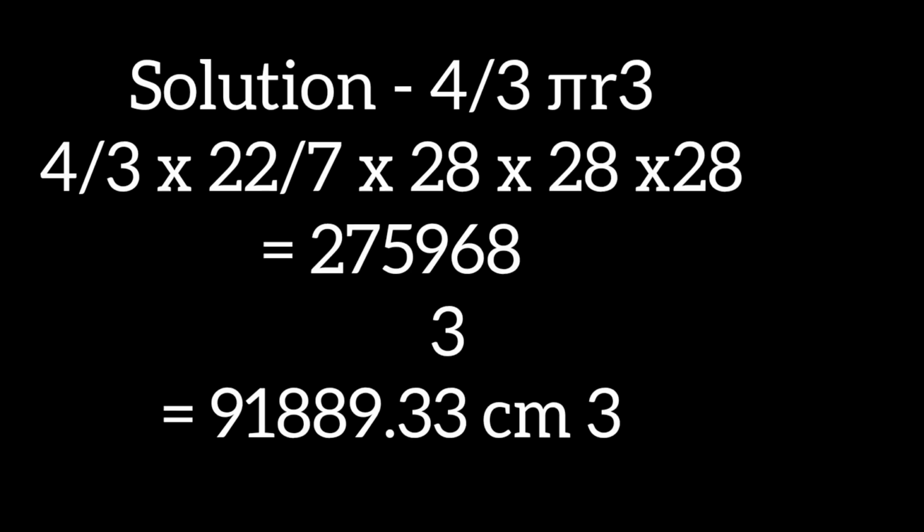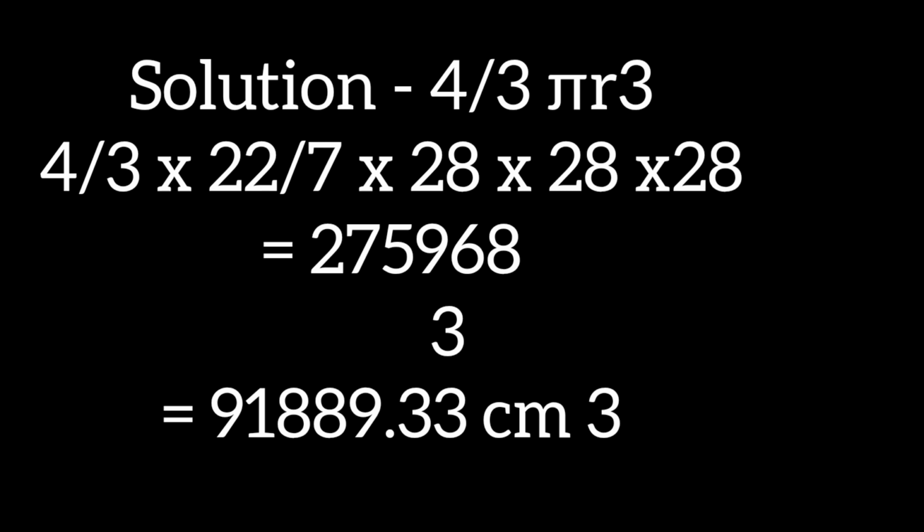Now see how you are going to solve this question. You already know the formula is 4 by 3 pi r cube. Firstly, we know the radius is 28. So the volume is 4 by 3 pi r cube. Then we put the value of pi, that is 22 upon 7, into 28 into 28 into 28.